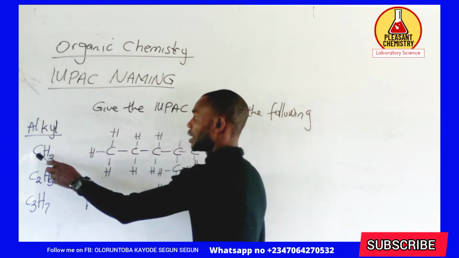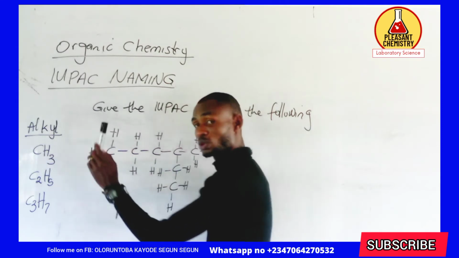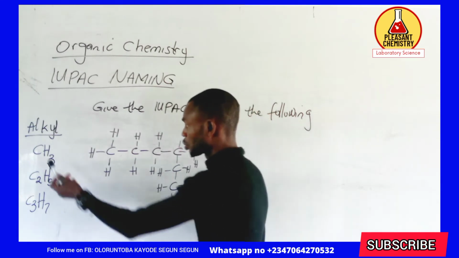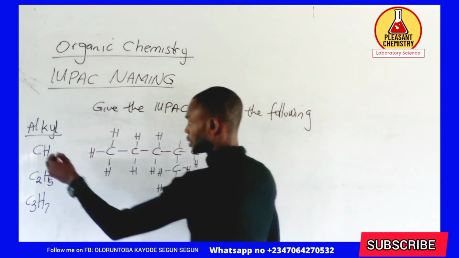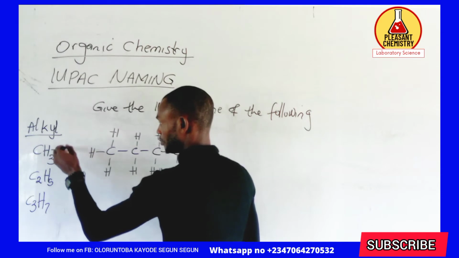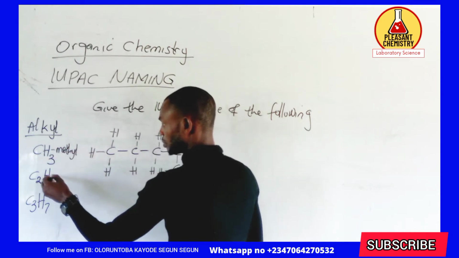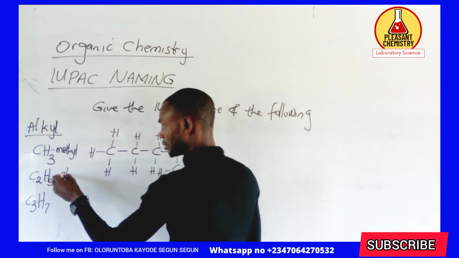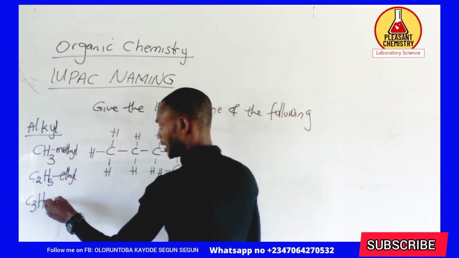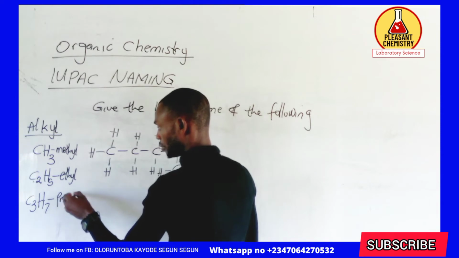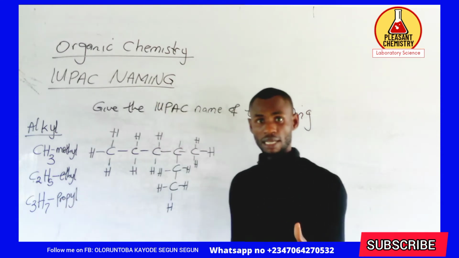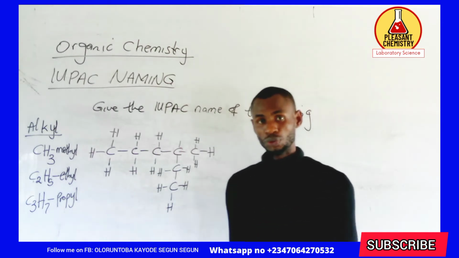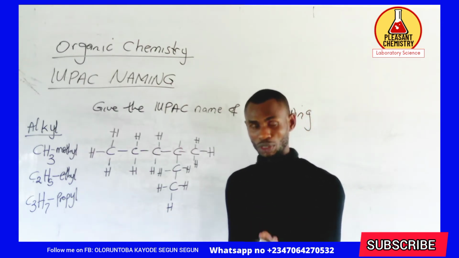If we have a single carbon, which is CH3, forming an attachment, it is called methyl. Because of the 2 carbons that are here, it is called ethyl. And this is a propyl. Like I said earlier, these ones are attachments. They don't stand alone. They are attached to the compound.